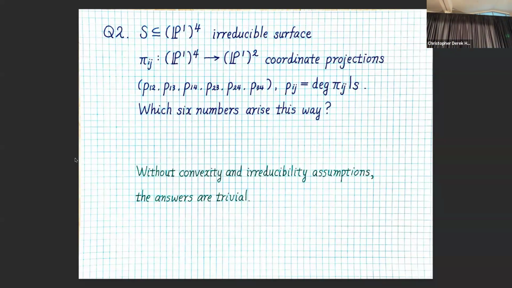And you can realize any 6 tuple of non-negative numbers as the projection areas. If you want them to be connected, it's fine. You can connect them by very thin strings and your thing will be connected. And any 6 tuple will be realized. And similarly for the question 2, if you drop the irreducibility assumption, this is just a question about the effective form of cycles inside P1 to the 4, which has the trivial description.